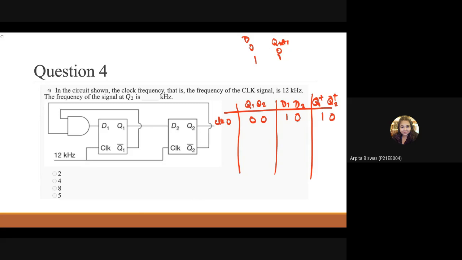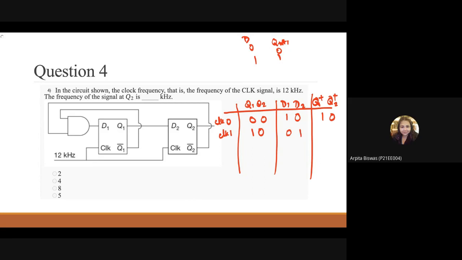So this next state is coming to the clock 1. So what is the value of Q1 and Q2 here? Then it is 1, 0. Now tell me what is the value of D1 and D2? D1 is 0. D2 is 1, ma'am.